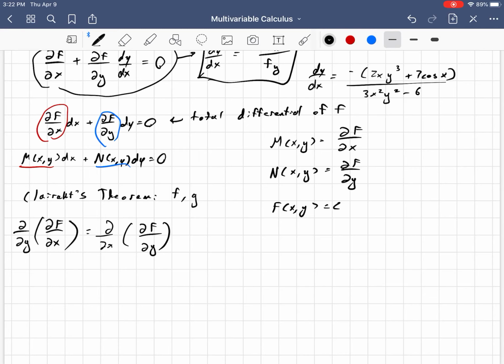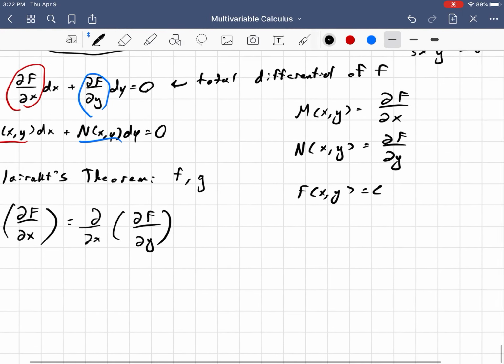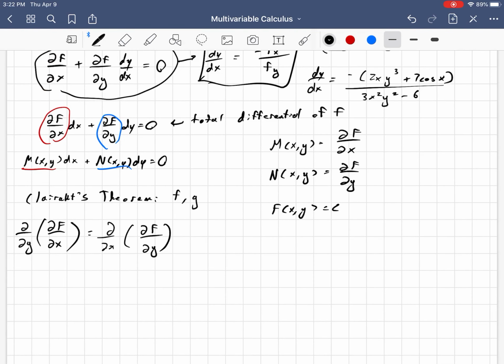In other words, it doesn't matter which order I take the partials in. It can be either with respect to x, then with respect to y, or with respect to y, and then with respect to x. Doesn't matter which order I take them in.